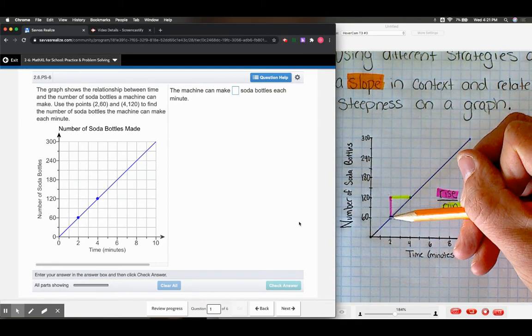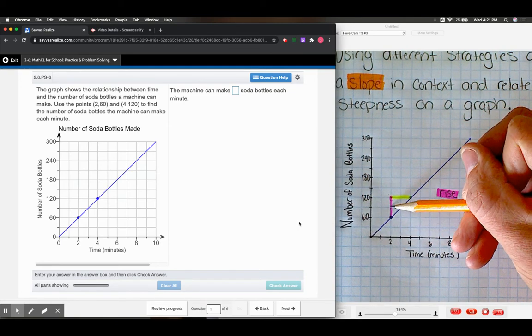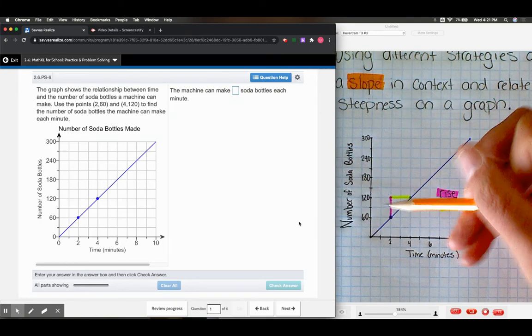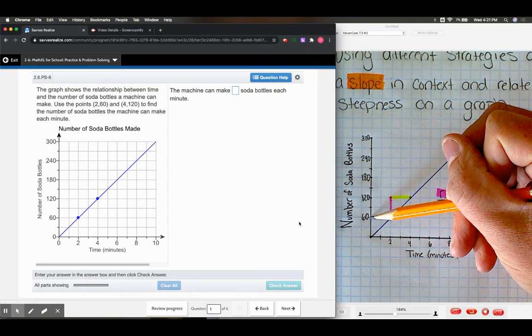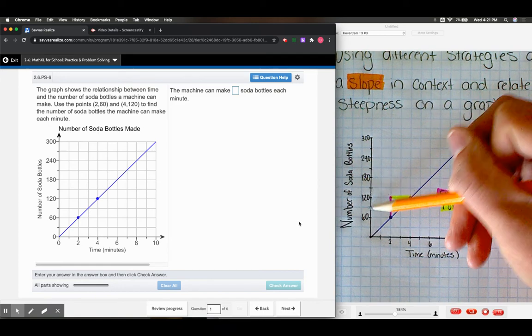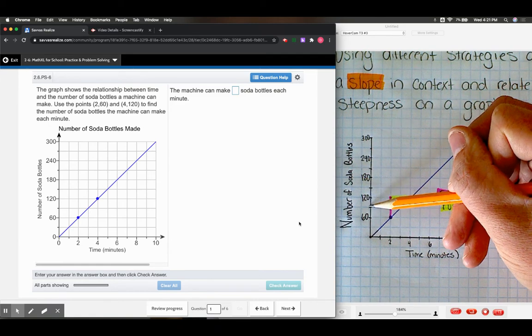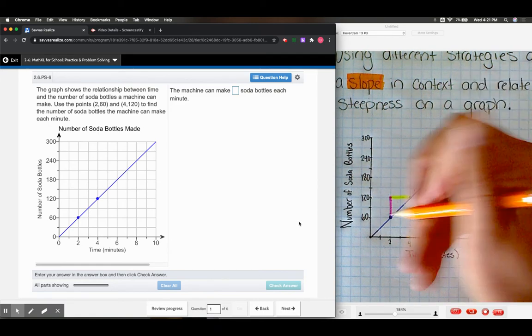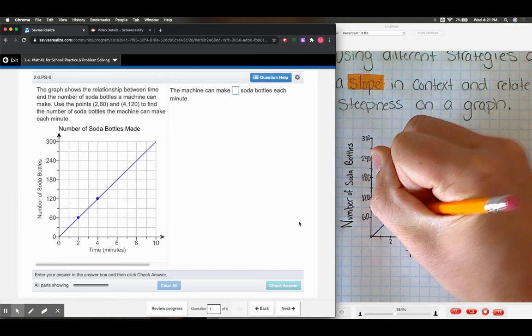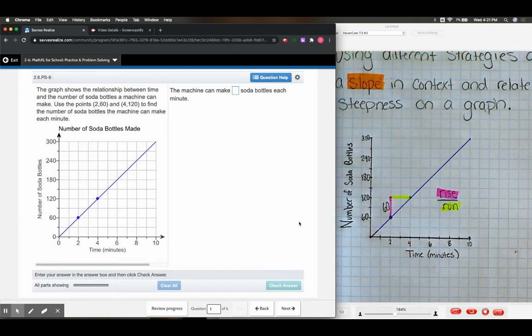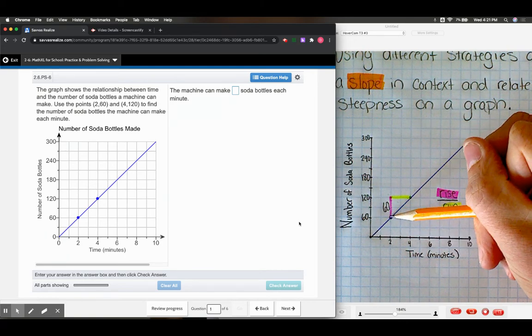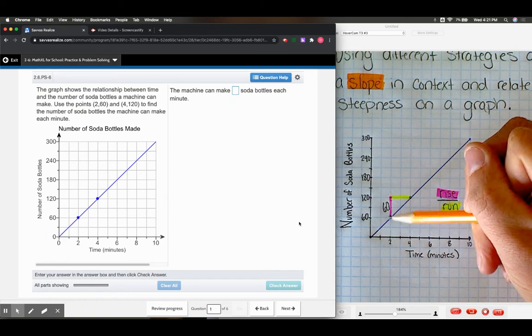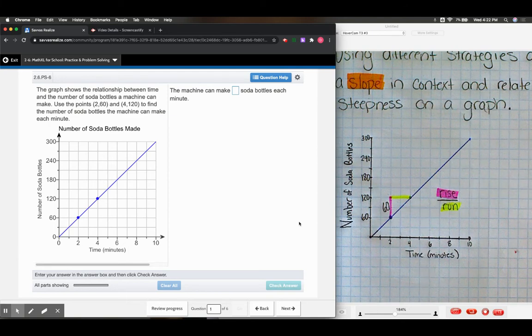So every time you jump up a block, it's kind of like counting 30 bottles. So we're going to count 60 to 90 is 30. And then 90 to 120 is another 30. So this is actually a difference, or a change, of 60 bottles, right? 30 plus 30. Each square represents 30 units.